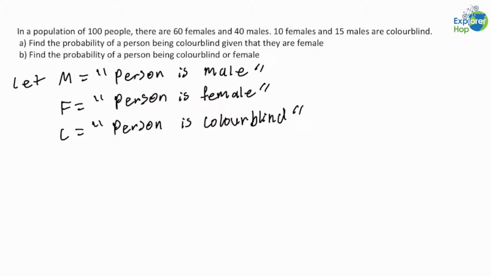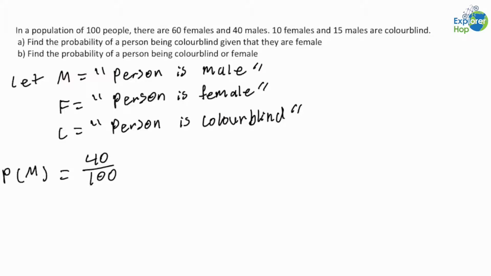Now, let's find the probability of some of the events we just defined above. So the probability of event M, which is the probability of a person being male, is going to be equal to 40 over 100, since we have 40 males in total, and the population is 100 people.